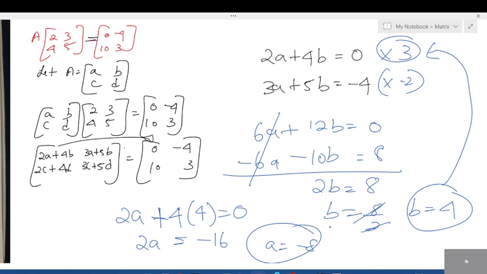This is how you find an unknown matrix. When a matrix is not given, assume the values A, B, C, D. Write it neatly. Don't scribble like what I have done. I have no place. Write it step by step. Take the next equation, compare.